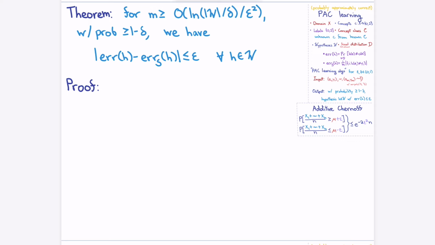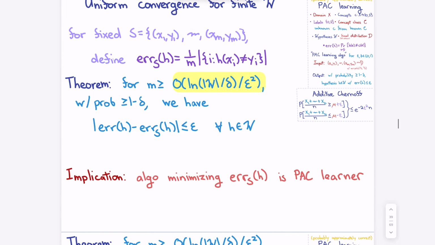Yeah, what is error? What's the difference between the error rate and the sample error? The error of h is the true error, if you just infinitely sample from a distribution. Error of S is for the particular sample. Sorry, S is our sample of m points.